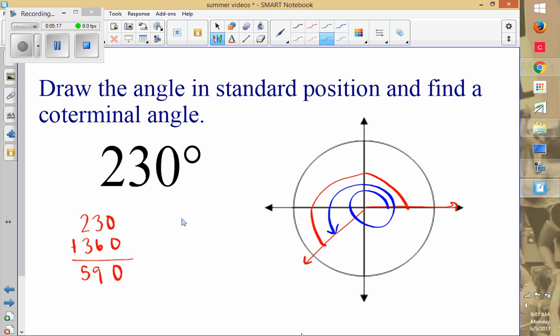Or I could be 230 minus 360, which means that I would be an angle that's negative 130. So I would have started at the x-axis in the first quadrant, and I would have gone this way, and I would have an angle that has its starting position and ending position at the same place.